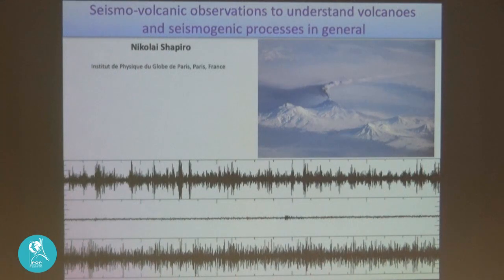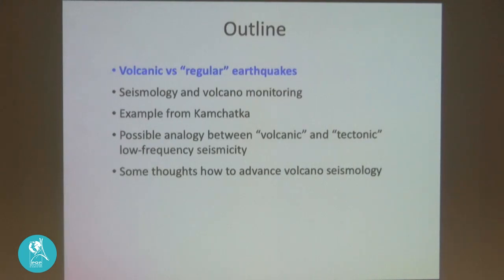Okay, so here's the approximate plan of my presentation. I will start with comparing volcanic earthquakes with ordinary tectonic earthquakes. Then I will briefly speak about how seismology is used in volcano monitoring. Then I will not show too many examples; I will show one example of a study from Kamchatka.